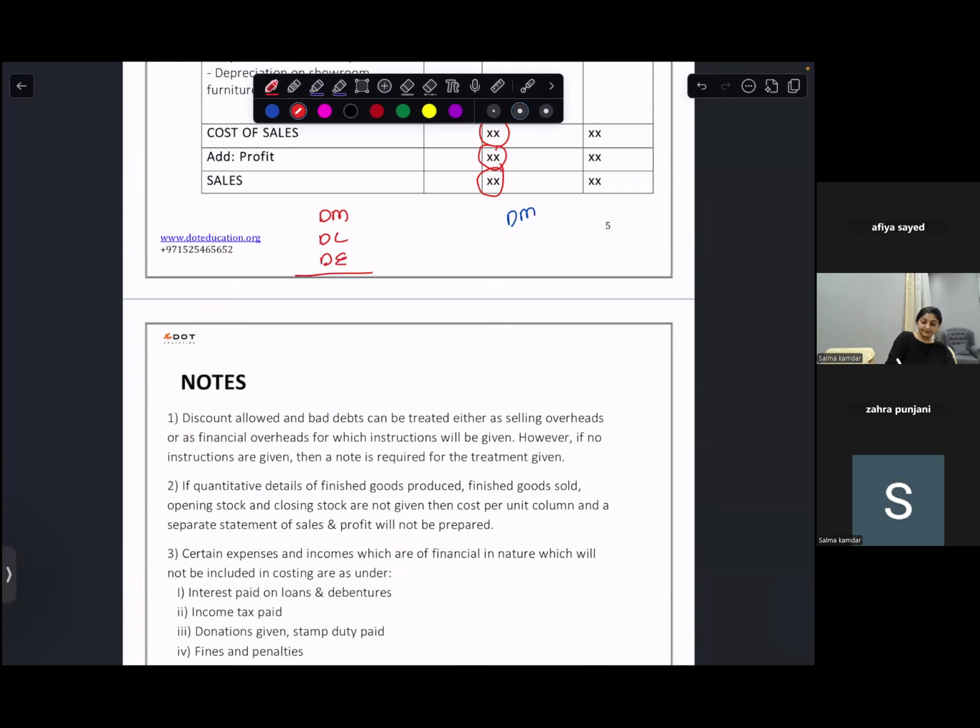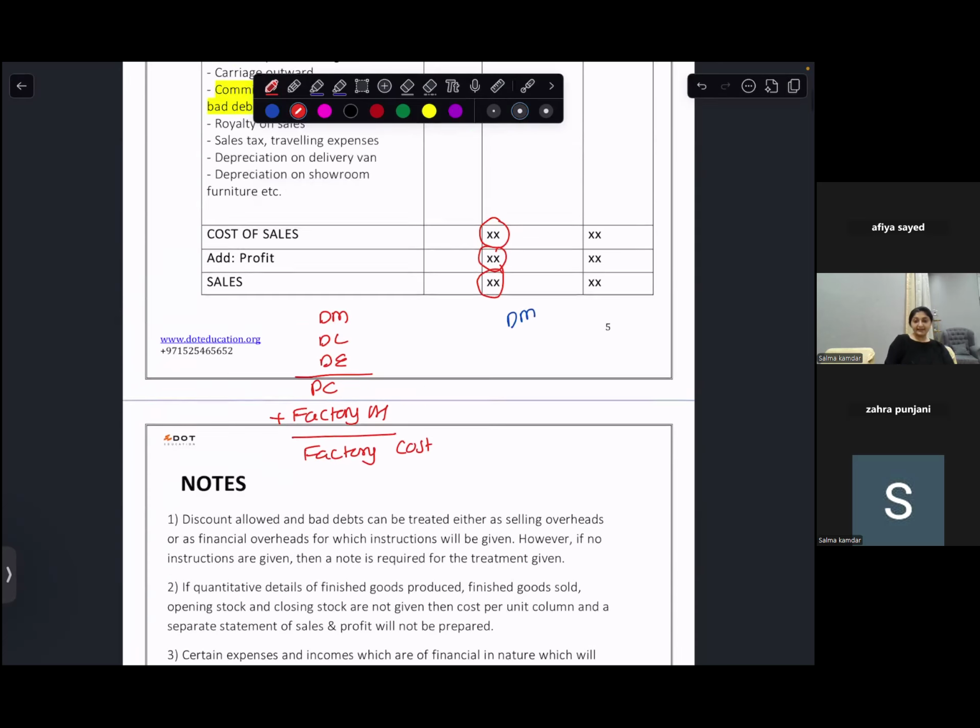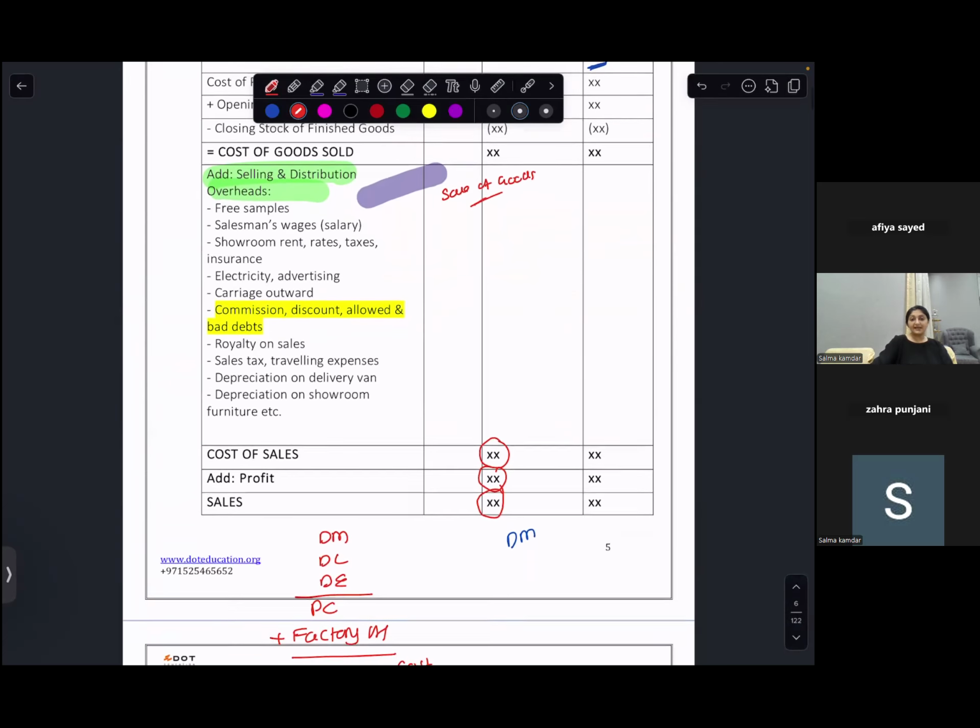Please say. Direct material plus direct labor plus direct expenses gives prime cost, plus factory overheads. Then, wait a minute, what do we add to factory overheads?